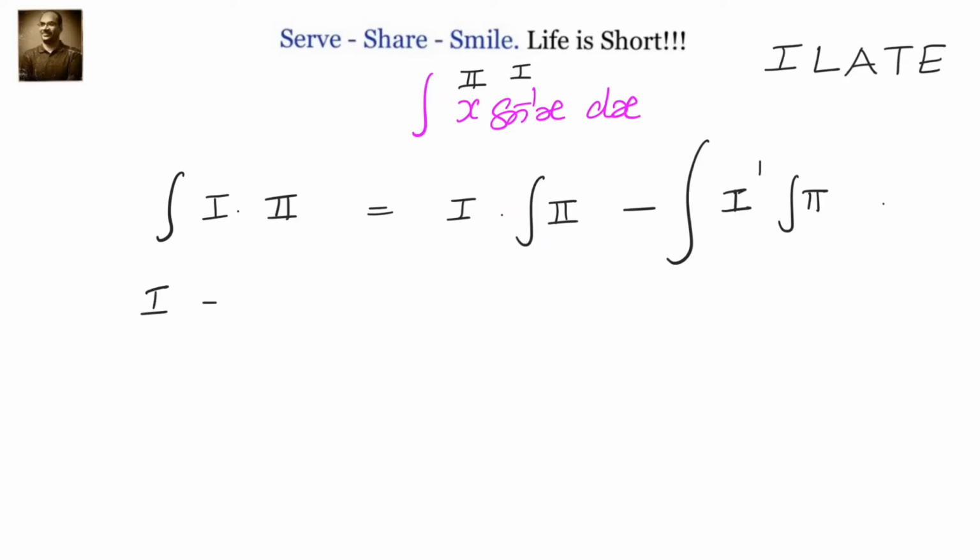Now, as we said here, 1 is sine inverse x and 2 equals x. So let us substitute our functions in the integration by parts formula.